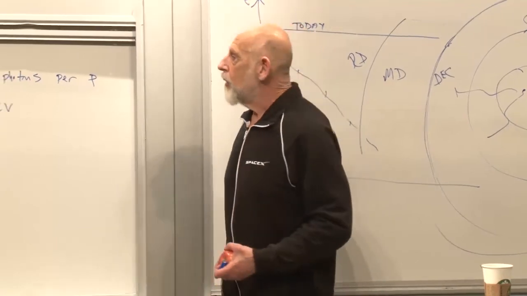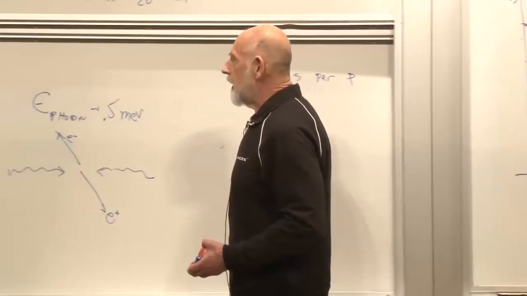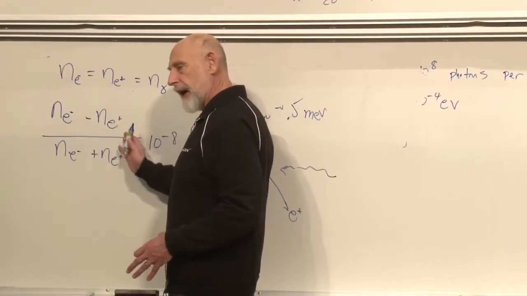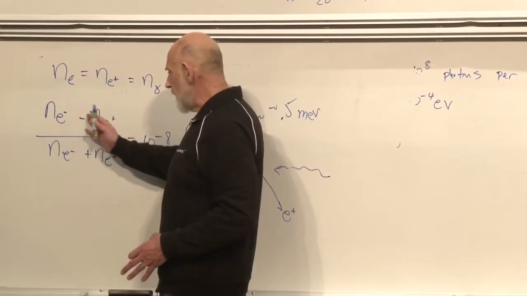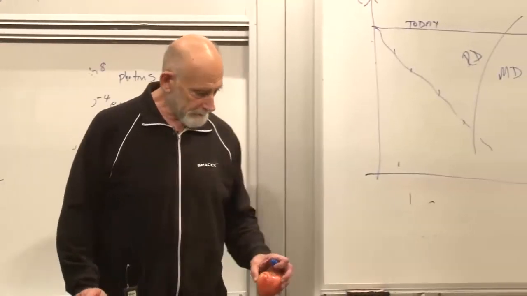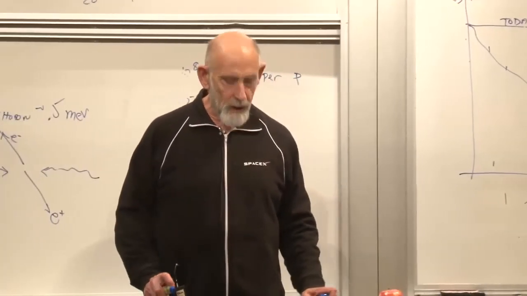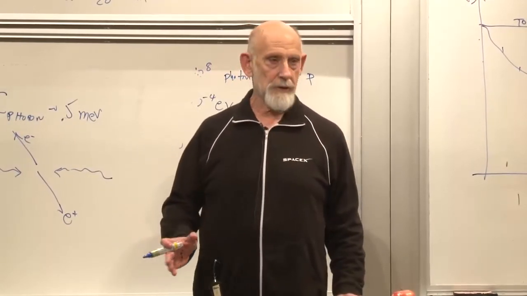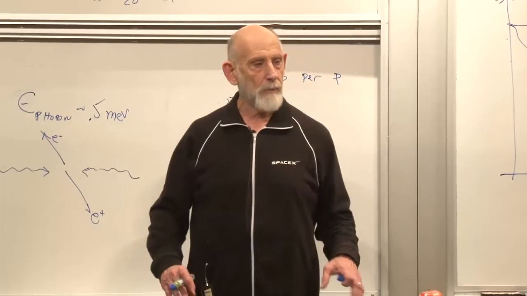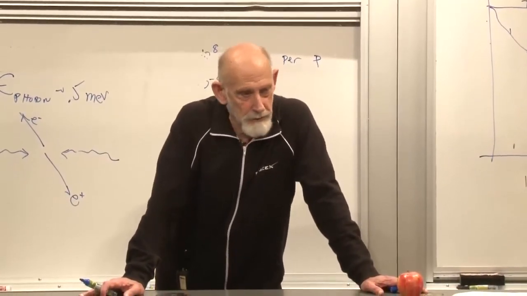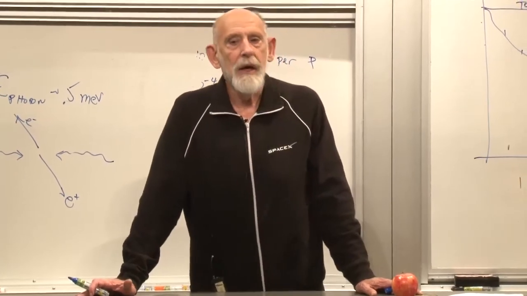What we see is the leftover because it wasn't exactly balanced. What we see is the imbalance, and as far as we can tell, electrons dominate over positrons everywhere in the universe. It's not as if we were just a local pocket where there's more electrons than positrons, a statistical fluctuation.